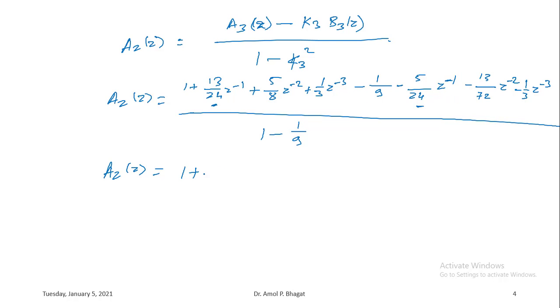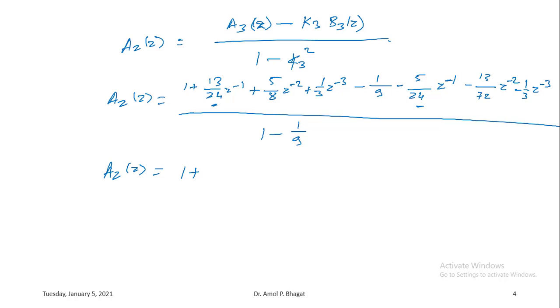Then this 1 minus 1 by 9 is there, right? So that will get cancelled, you will get 1 minus 1 by 9, correct? Then minus 13 by 24 z inverse and minus 5 by 24 z inverse. This will be 8 by 24, and then it will be 1 by 3, and then this again 1 minus 1 by 9 will be 8 by 9.